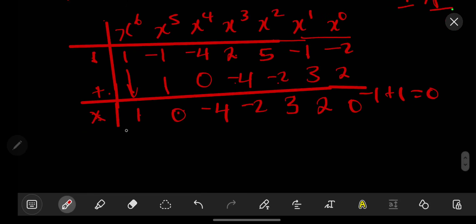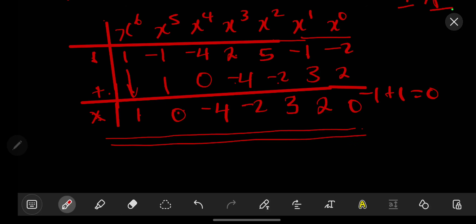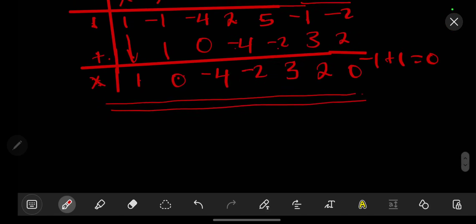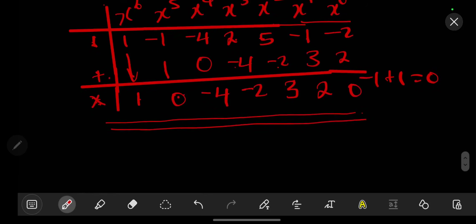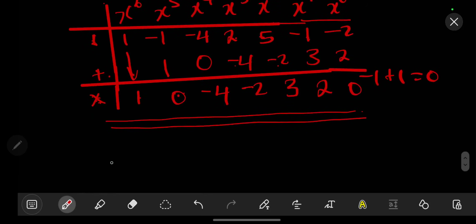So this is our new equation. We are going to write it and say the new equation is x to the power, since it was 6, it will be reduced to 5. Then we have plus, here, since we have a 0, we are going to skip that, but let me just write it.